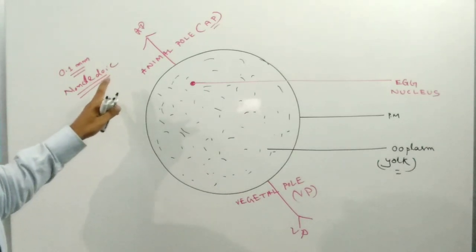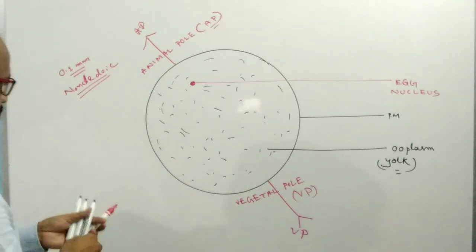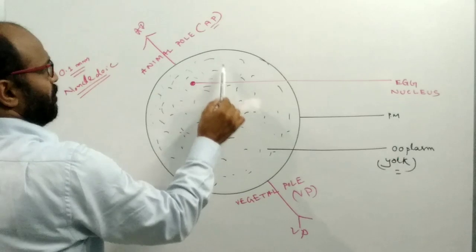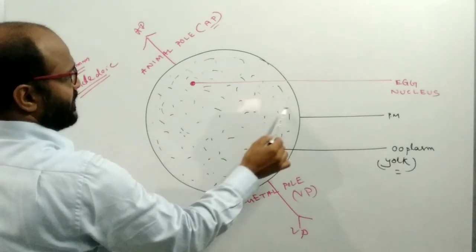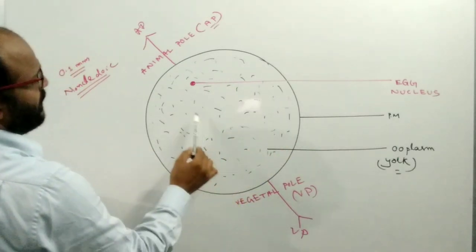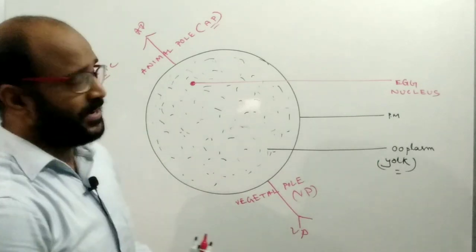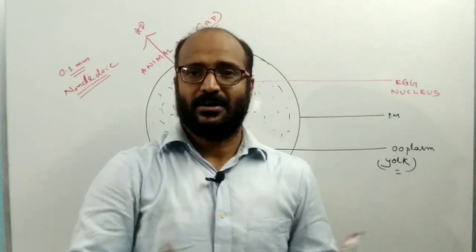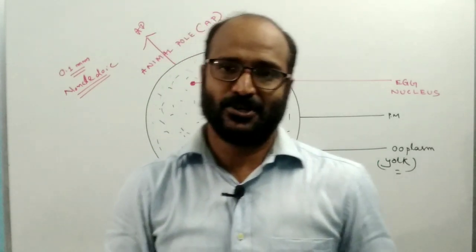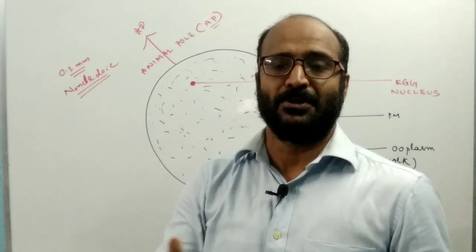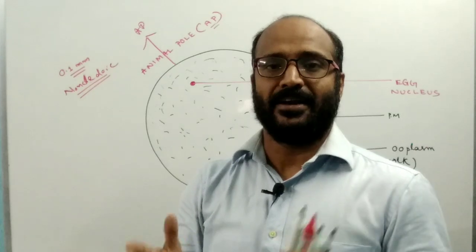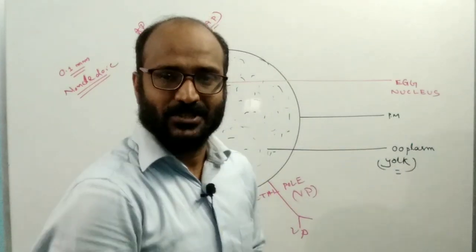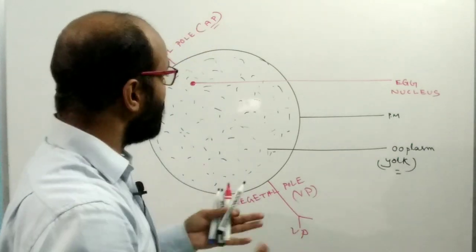The ovum, actually the mammalian ovum, was discovered by Carl Ernst von Baer. That's why Carl Ernst von Baer is regarded as the father of modern embryology. The father of embryology is actually Aristotle, and the father of modern embryology is Carl Ernst von Baer, because he discovered the egg of mammals.